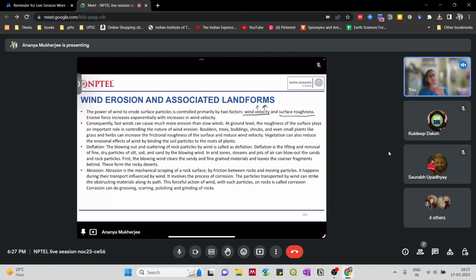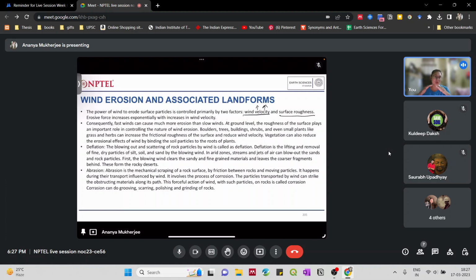And how the roughness of the surface plays in is that boulders, trees, buildings, anything that is obstructing the wind, or holding on to the land and the sediments, is going to increase the friction between the wind and the surface that it is meeting, and it is going to decrease the wind velocity.